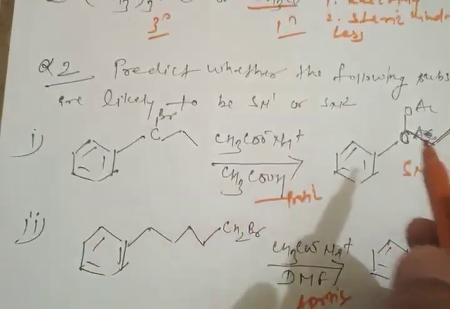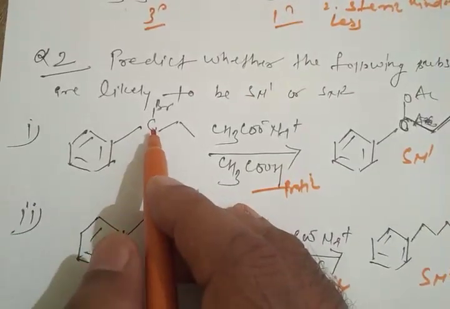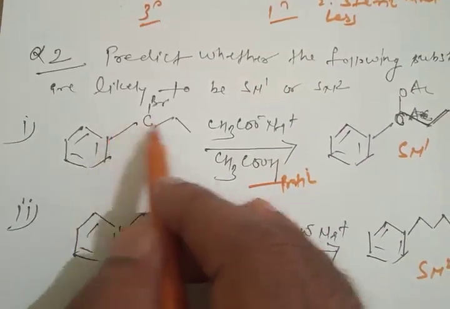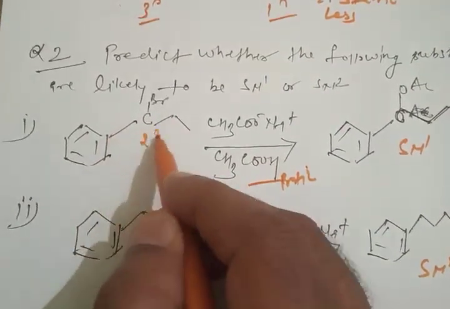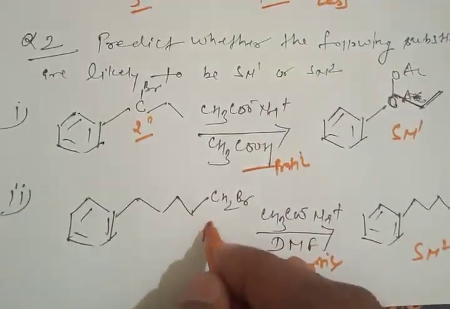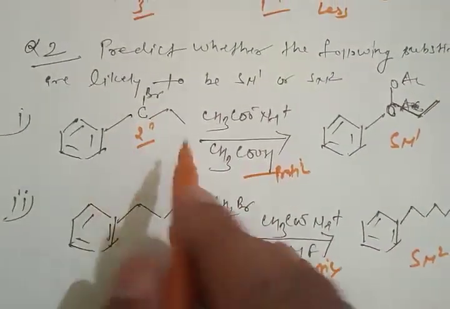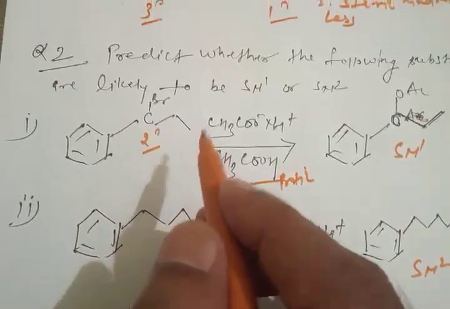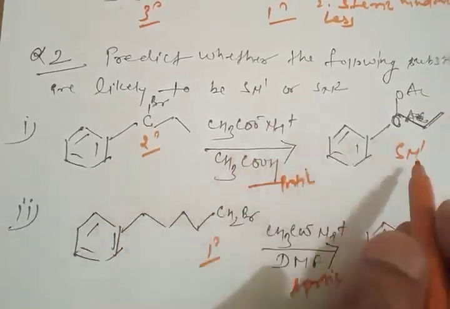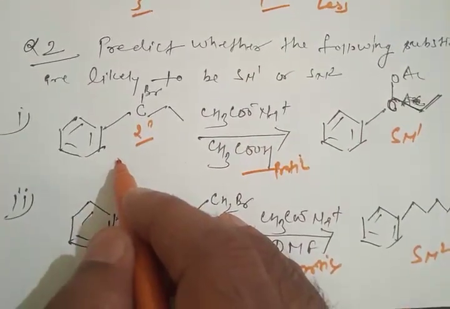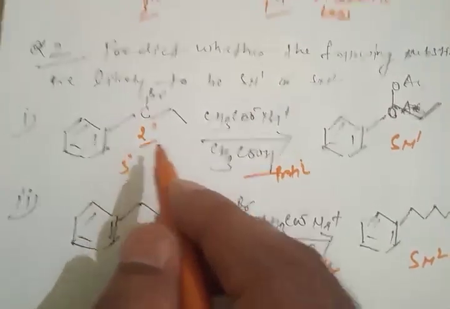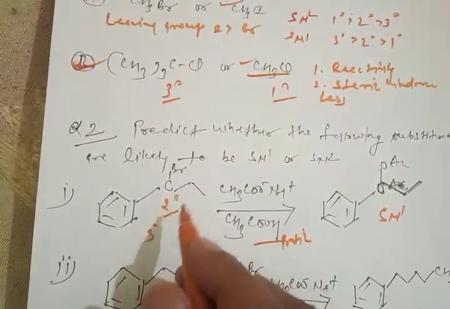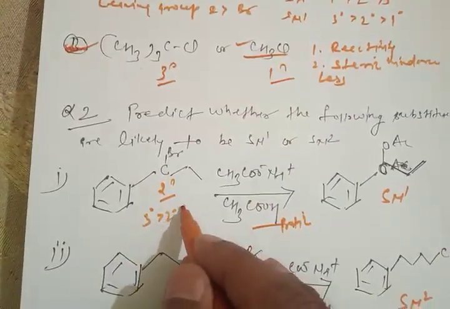Then the second reason: you can see that this carbon is bonded with this carbon and this carbon, so it is a second degree carbon, and this is a first degree carbon. We know the order for SN1 follows third degree, second degree, and first degree.